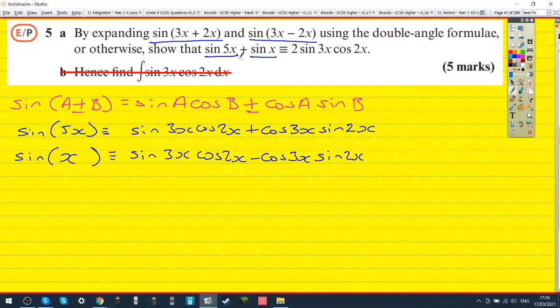And so we want to do sine 5x plus sine 1x? Sine 6x. Doesn't work that way. So this crazy thing is sine 5x. This crazy thing is sine 1x. And these two are the same as sine 5x and sine 1x.